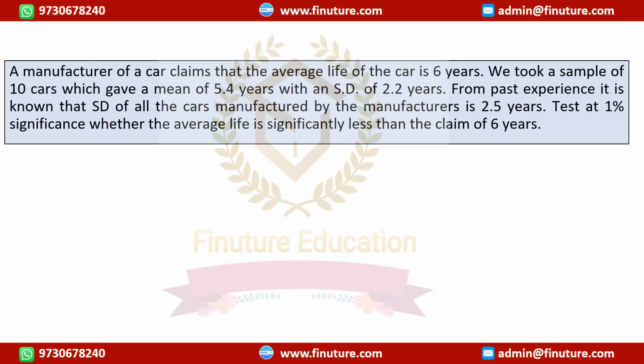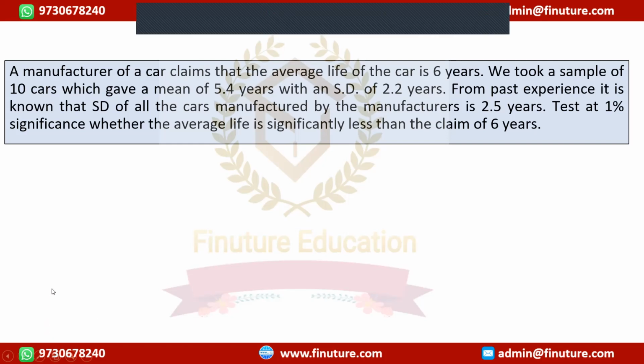So there is a car manufacturer who's very confident that he's producing cars which have an average life of 6 years. So to understand his statement, what we did, we took a sample of 10 cars. So it is a claim by the manufacturer.